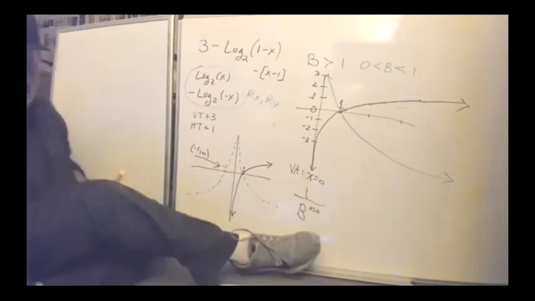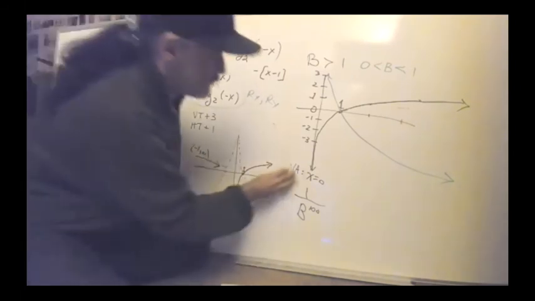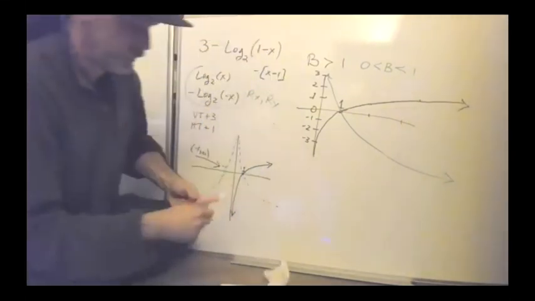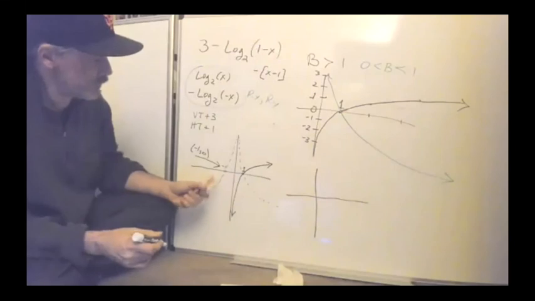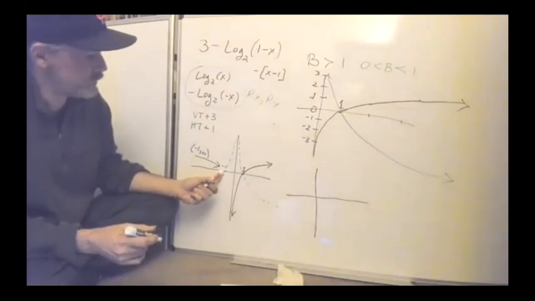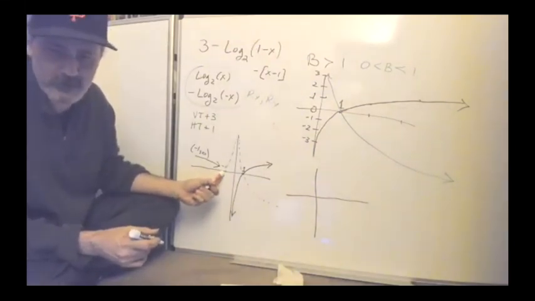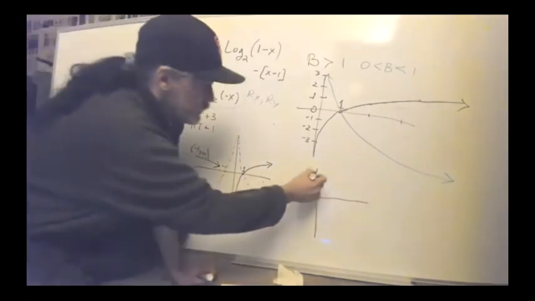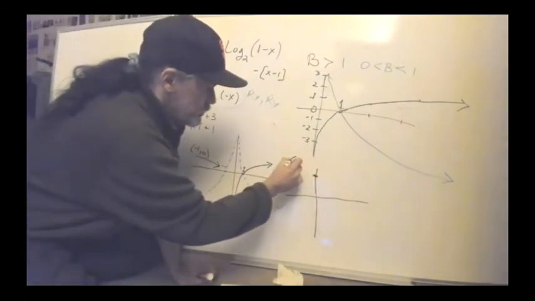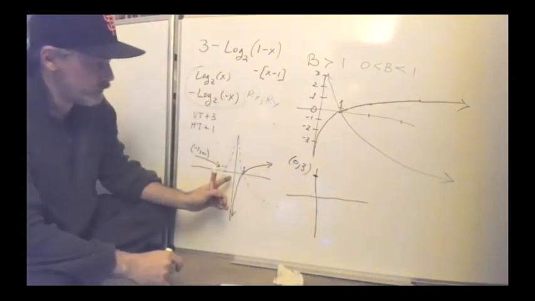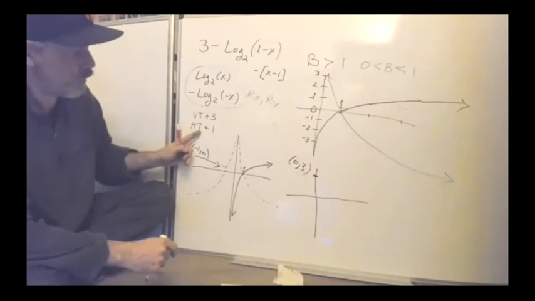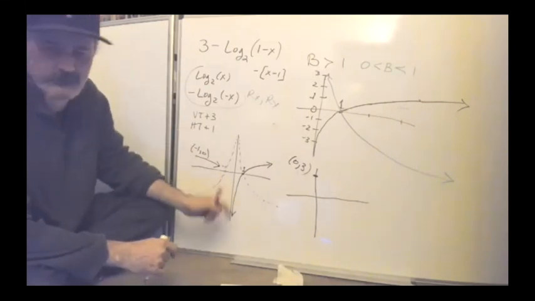I don't want to erase that graph, so let me go over here and just redo it with the end result. We're going to go up 3, so now this is going to have a y of 3. And if we go right 1, that's going to have an x of 0. If we go to the right 1, then our vertical asymptote at 0 is now going to be at 1.